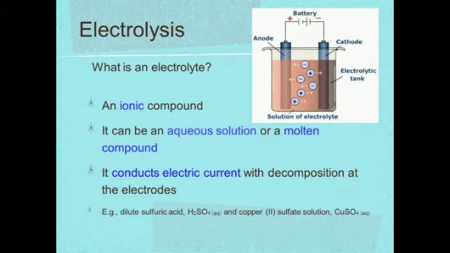When it has lost its electron and becomes free, we have gotten our chlorine. You can get it as a gas now. So chlorine is produced at the anode. You see the equation there.